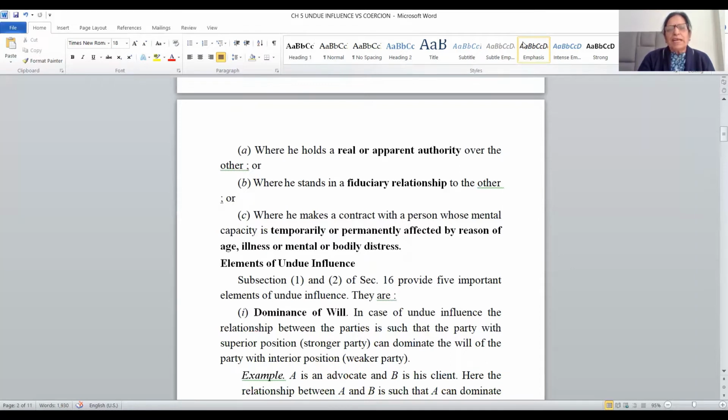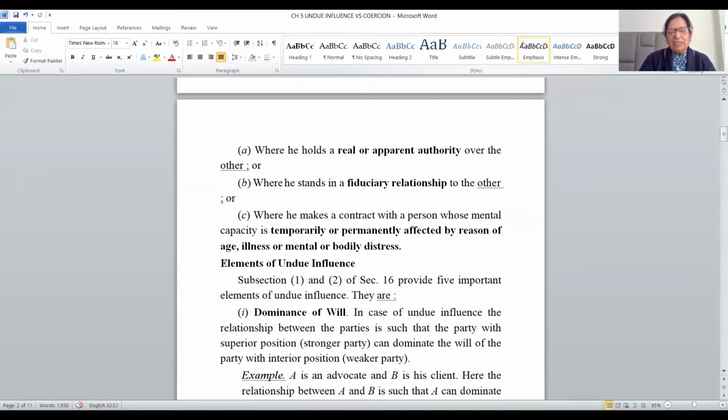Maybe there is an aging factor, or he has got certain mental problems. It may be affected for a temporary period or for a permanent period. Also, friends, when a person is not well during his old age, he is dependent upon others, and his will may be dominated by others upon whom he is dependent.